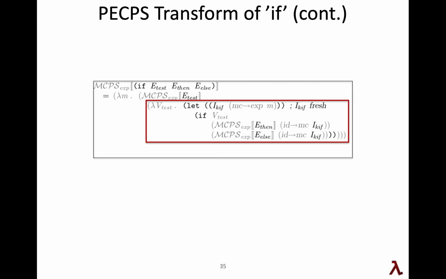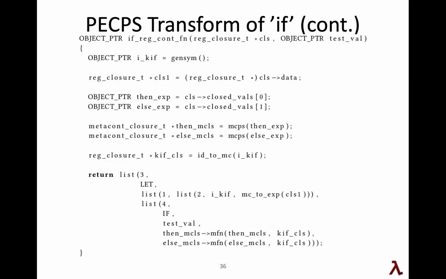What I mean by this is the building of the let clause with the identifier and then the if clause happens here. So that is what you see in the last line, where you actually build the code expression that will be run at runtime to realize the execution of the if clause.